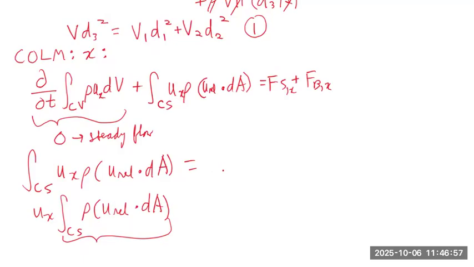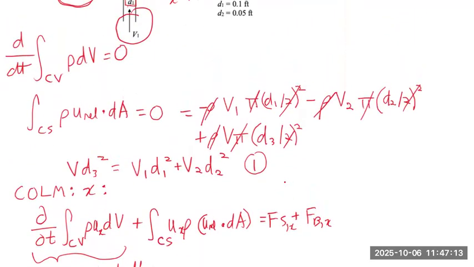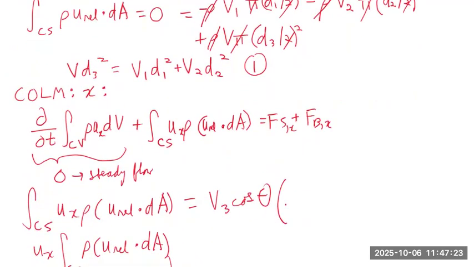So basically we have V3 cosine theta times rho times V times pi times D3 over 2 squared.